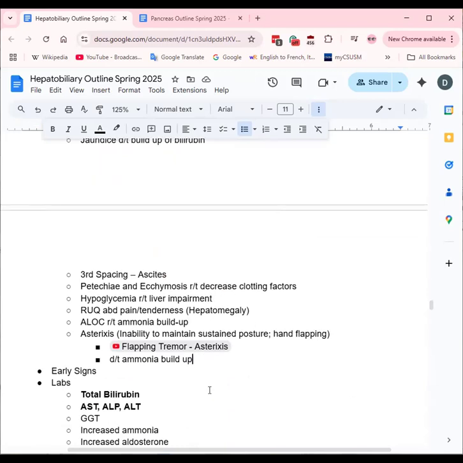The only other thing we didn't really mention is this right here, the hepatomegaly. You can have the enlarged liver due to inflammation, and it might be palpable, and it might be causing pain or tenderness. Everything else we talked about, and you guys already know about it.